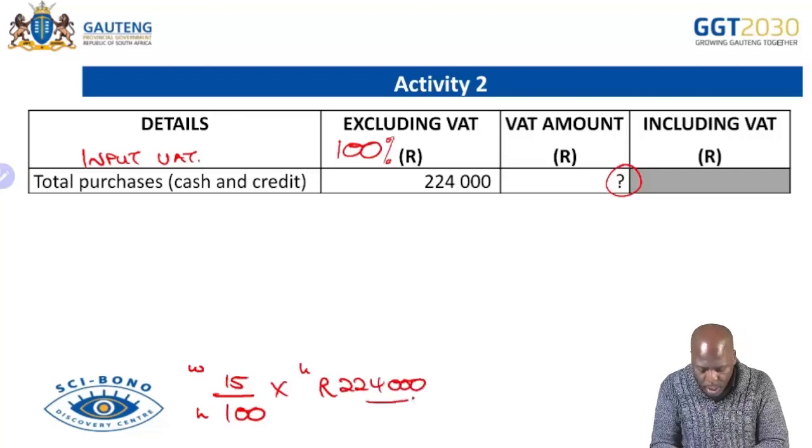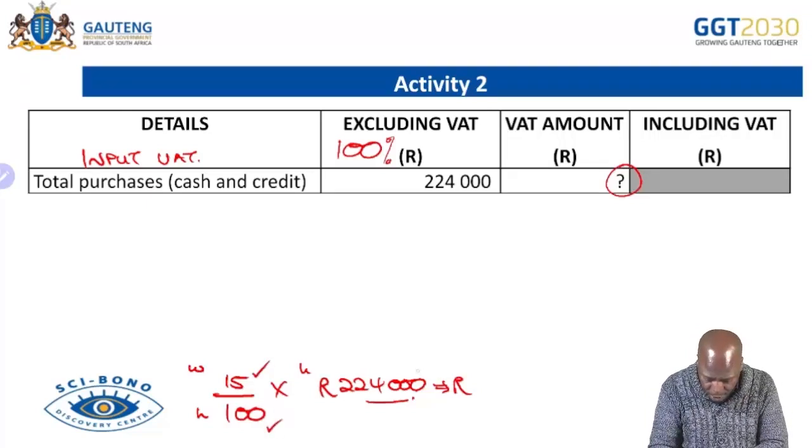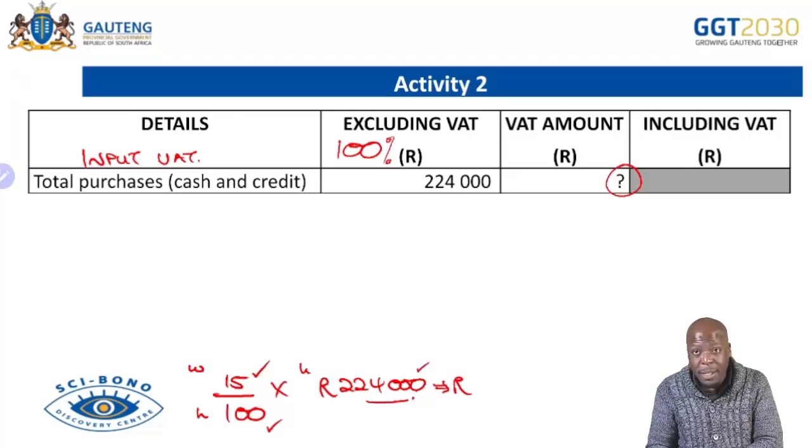How much does it then total to? Punch that in your calculator, please. If you say 15 over 100 multiplied by 224,000, can someone tell me how much we get?